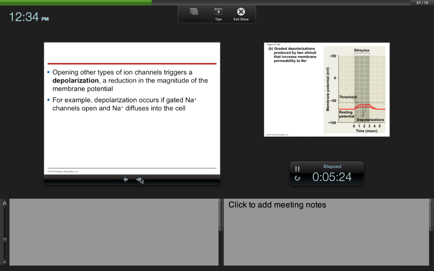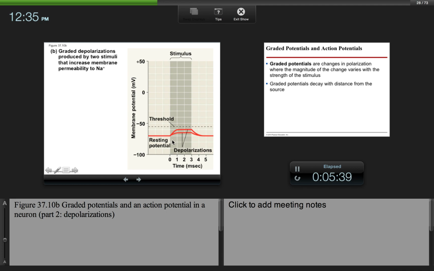Opening other types of ion channels triggers depolarization, a reduction in the magnitude of the membrane potential. For example, depolarization occurs if gated sodium channels open and sodium diffuses into the cell. So if we look at that, here's my threshold. This is a magic number that you'll know the significance of in a couple minutes.